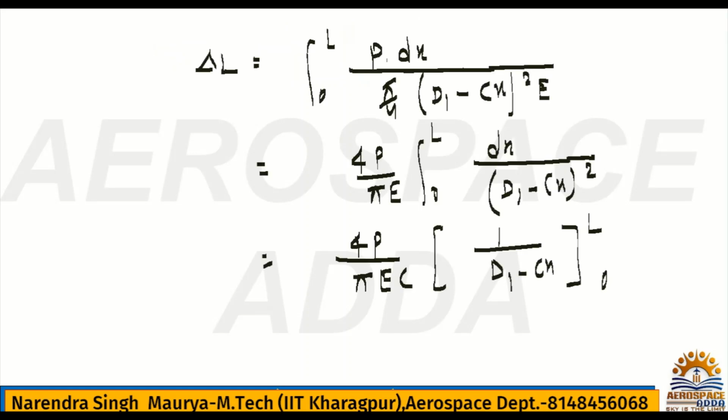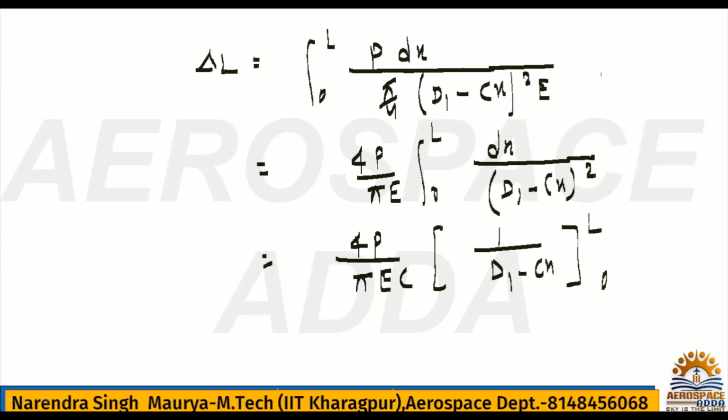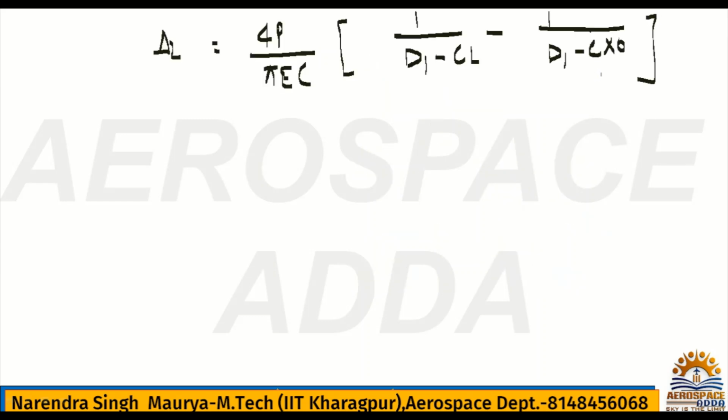Check, instead of x you have to keep L, and second time you have to keep 0. You are keeping the limit for the x only, 0 to L.